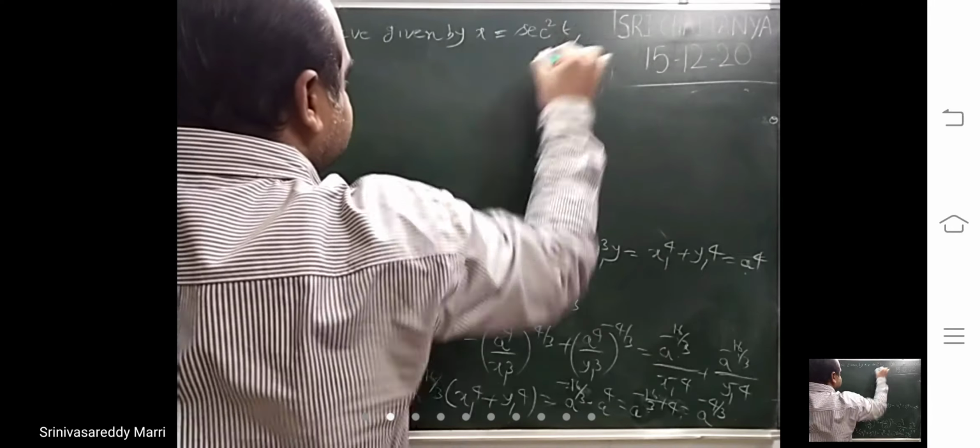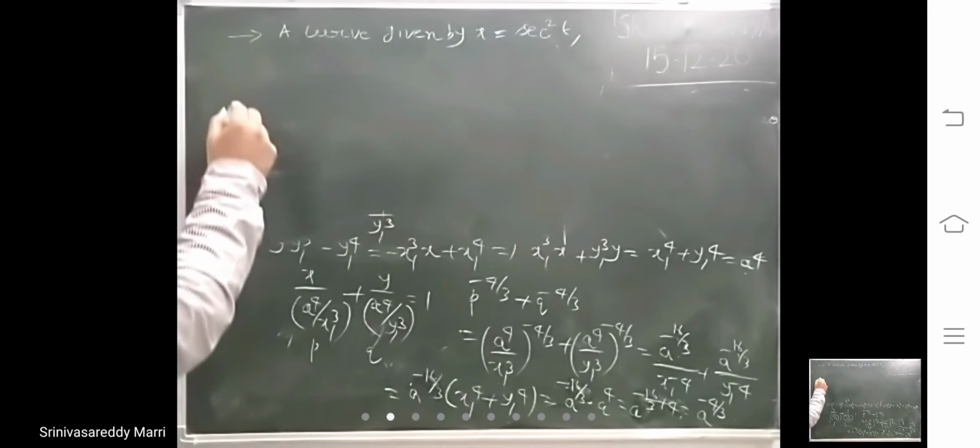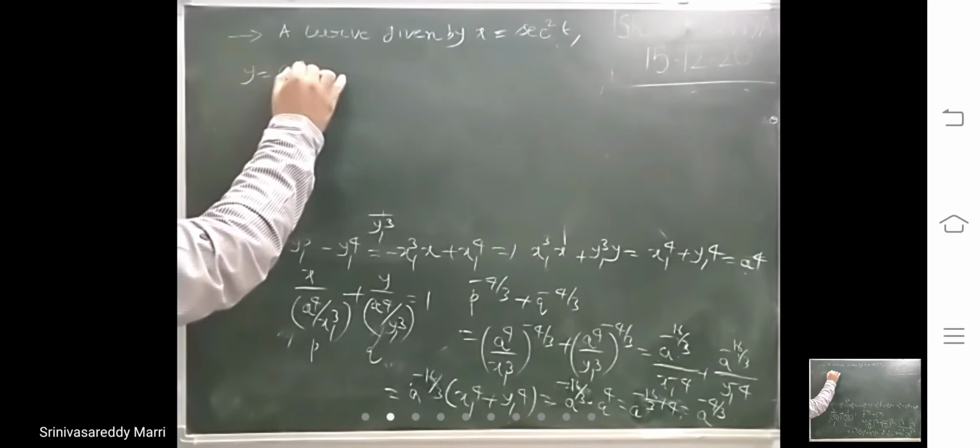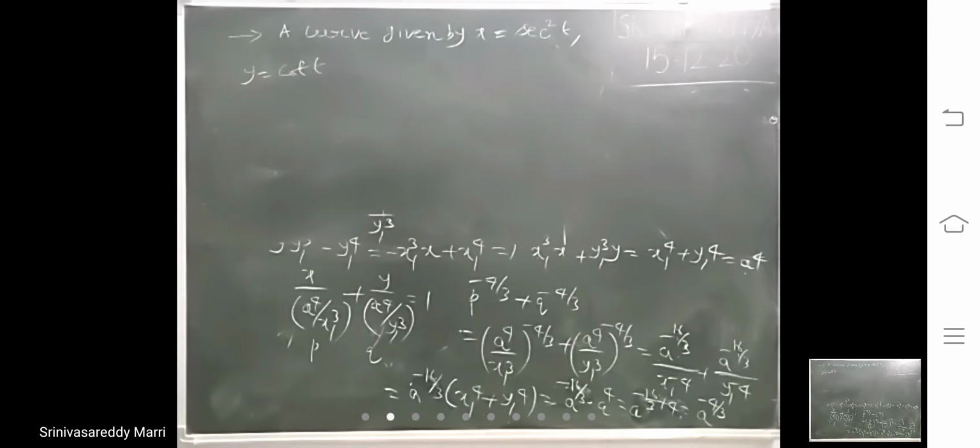X equals secant square t, y equal to cot t. Parametric equations are given.